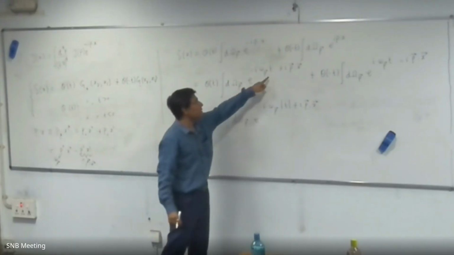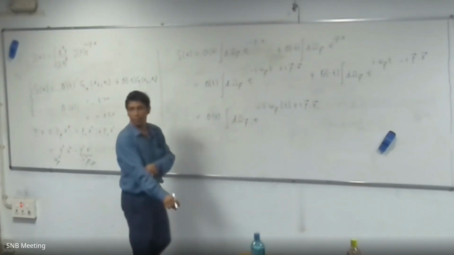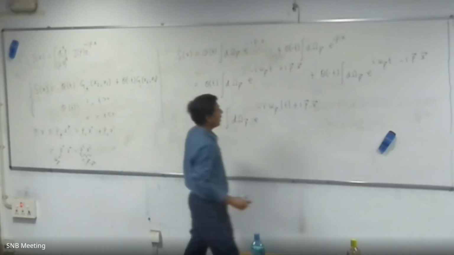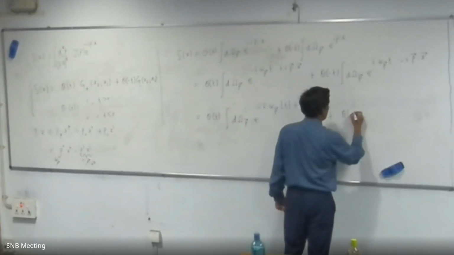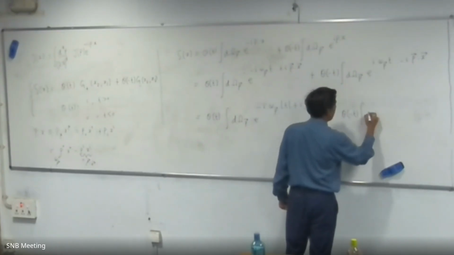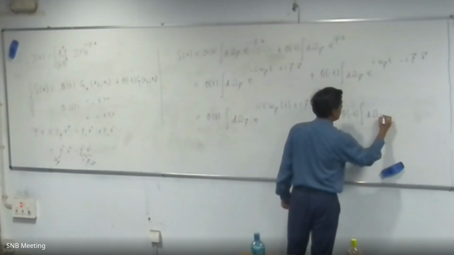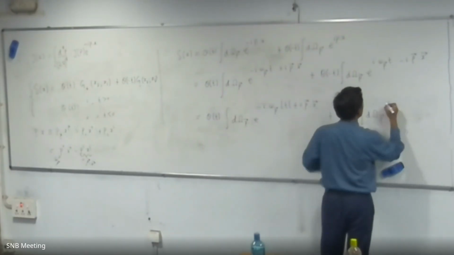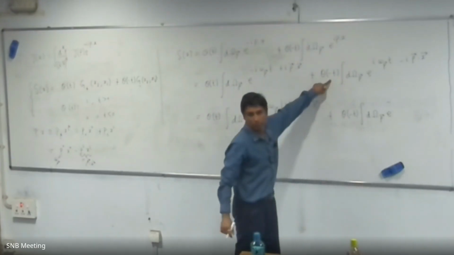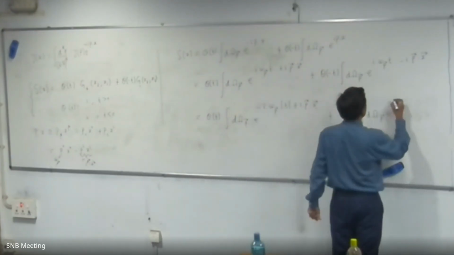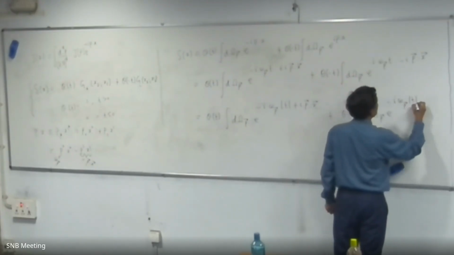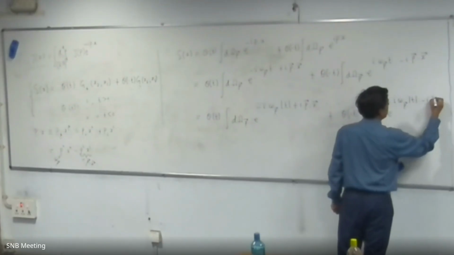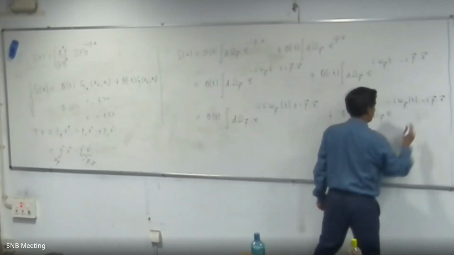So I can replace t by mod t. Mod t is always greater than 0. And what about the second term? Theta of minus t, d omega p e to the power of, t is less than 0, so minus i omega mod t. So this will be minus i omega p mod t minus i p dot x. Is that all clear for everyone?